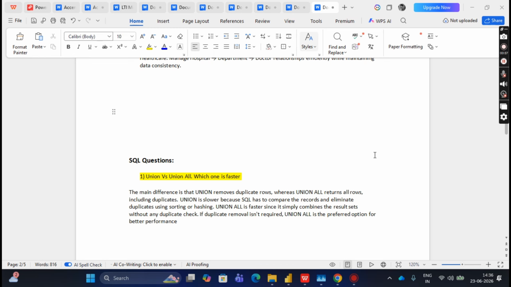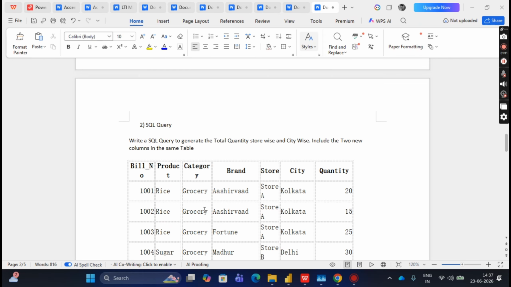So you can answer like this, that union all is overall faster than union because it doesn't have to remove duplicates and it simply combines the results and gives the output. If duplicate removal isn't required, then union all is the preferred option for better performance.